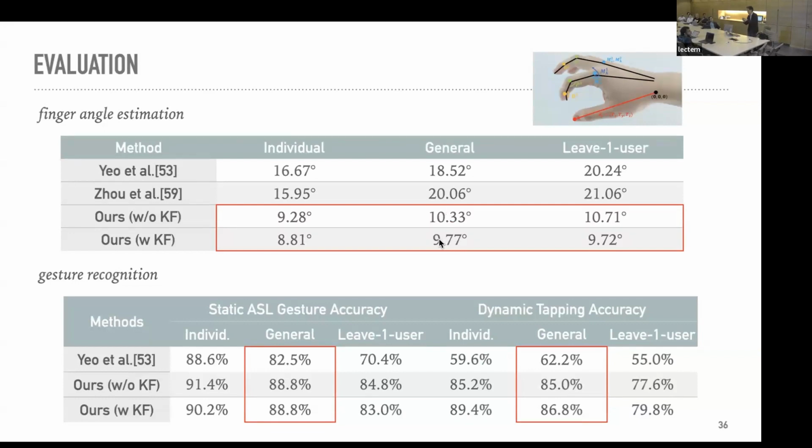Our system has 10 degrees or less than 10 degrees of errors. It looks like a little big, but those are the state-of-the-art technologies for finger recognition using cameras. So we succeeded in making it much smaller.